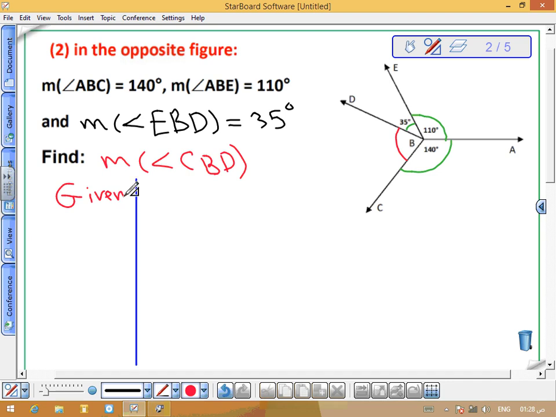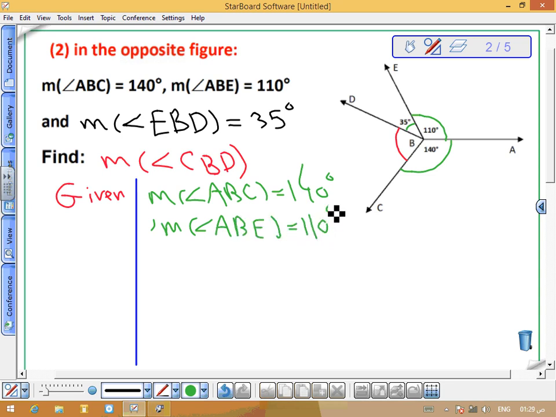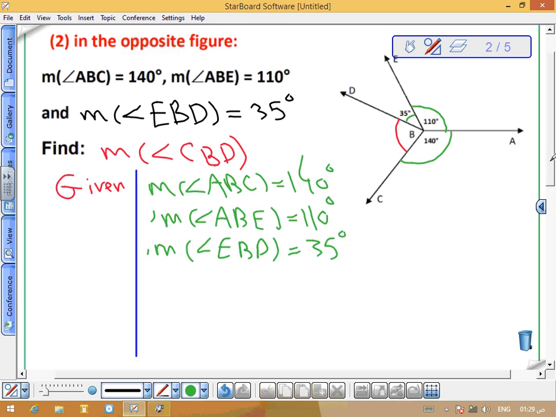The given is the informations that help me to solve the problem, which are measure of angle ABC equals 140 degrees, measure of angle ABE equals 110 degrees, and measure of angle EBD equals 35 degrees. We have finished writing the given.